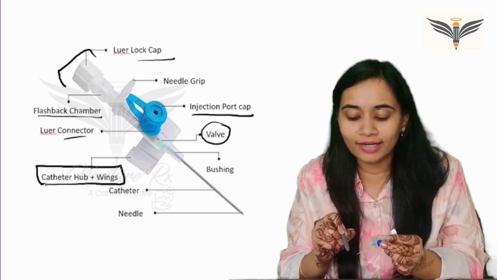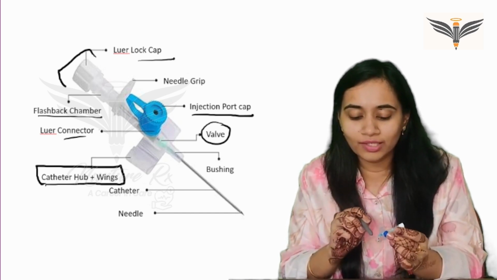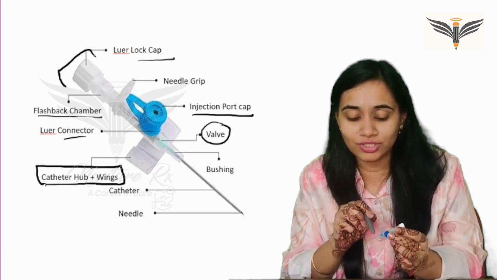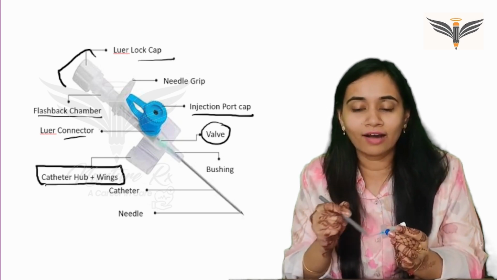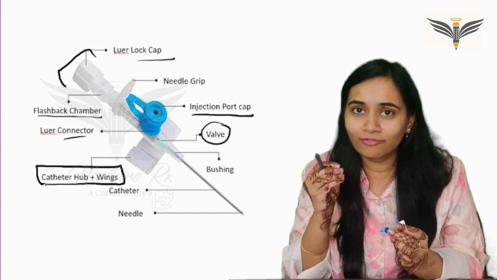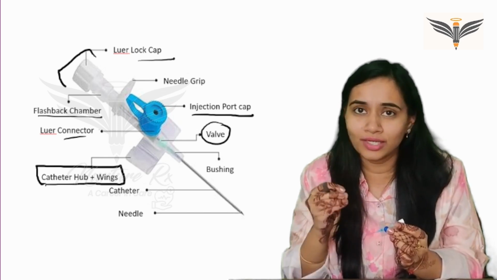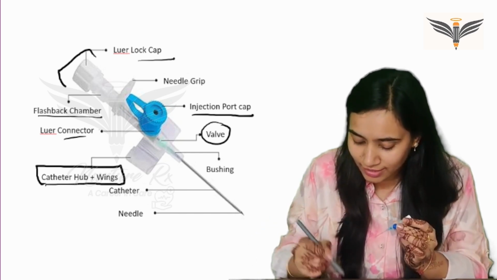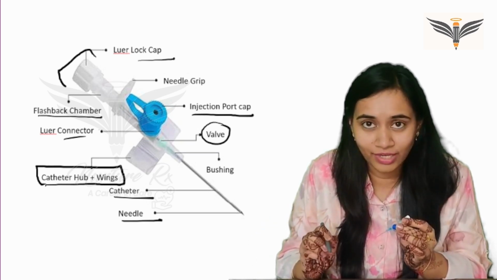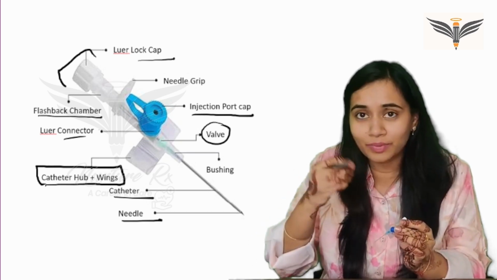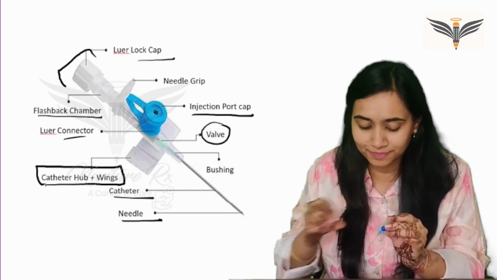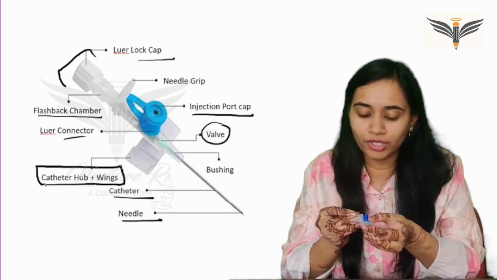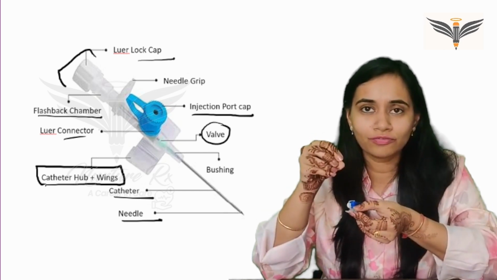Now, further ahead, only one needle-like structure is visible, but it is actually two structures. The needle is inside, and covering it is a thin flexible part which is your actual cannula. So you can see here the needle and the catheter. What is the use of the needle?